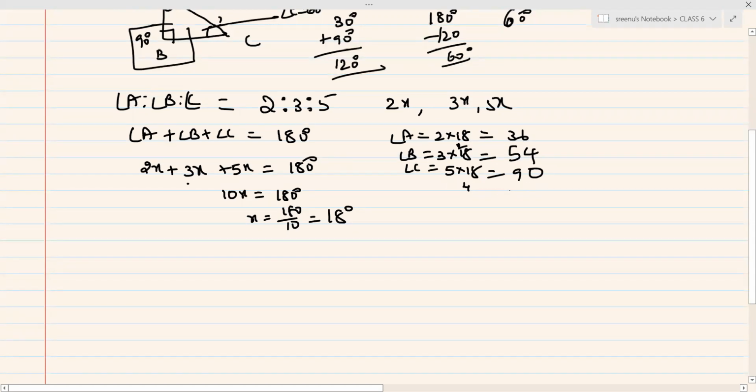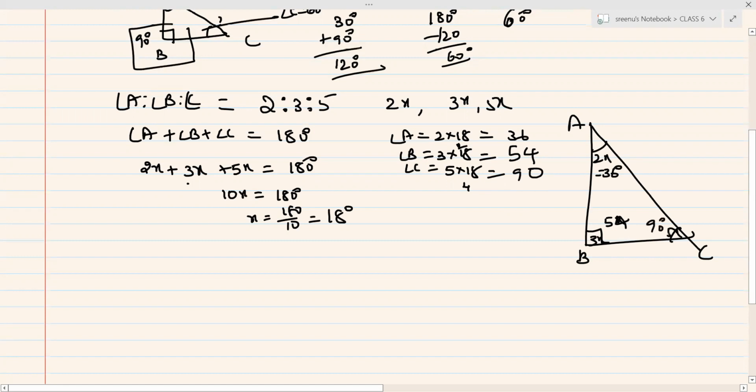Here the options ask for the greatest side. First I will draw the triangle ABC. Angle A is 2x, means 36. Angle B is 54, that is 3x. Angle C is 5x, that is 90 degrees. So here, the greatest side is opposite the greatest angle. AB is the greatest side. This is the big side.